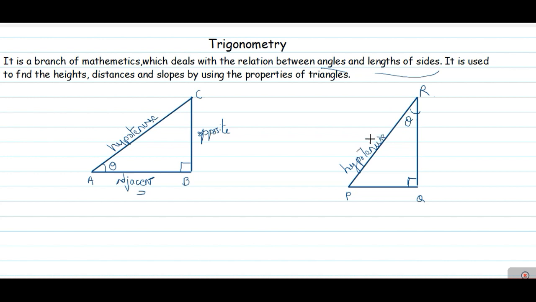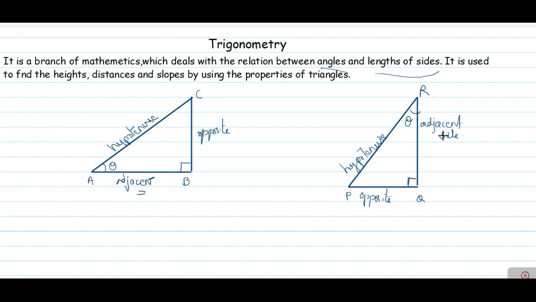Then the side opposite to this theta is our opposite side, and the leftover side is our adjacent side.